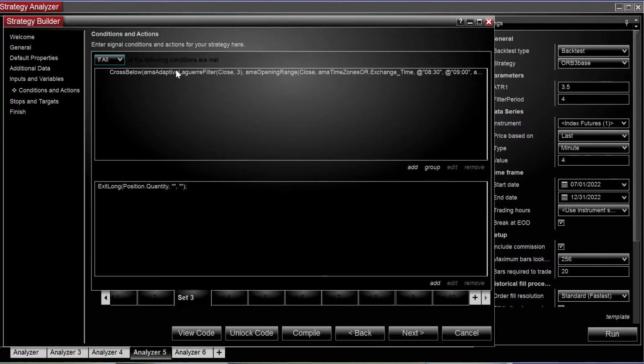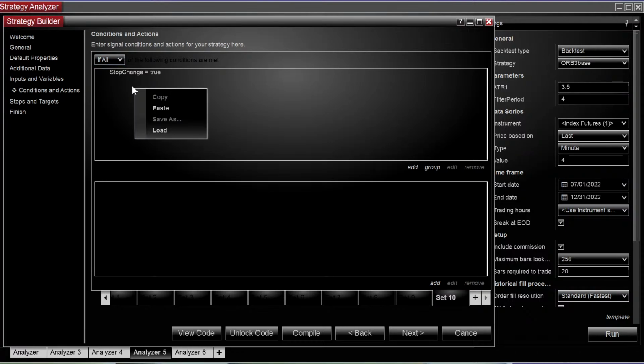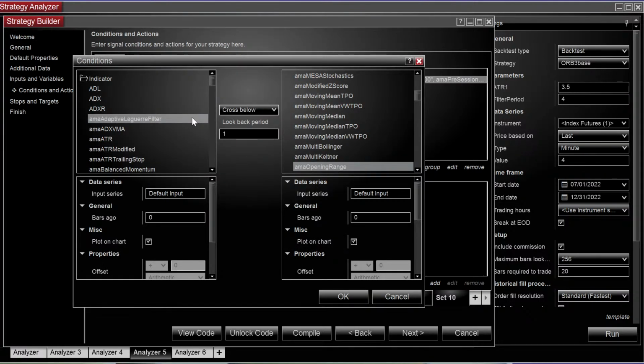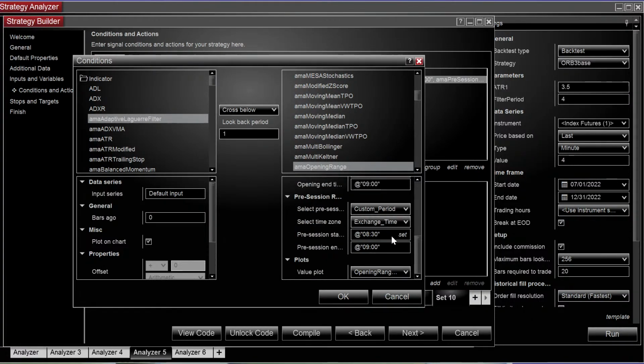Let's copy and paste that Laguerre. Stop change equals true. Now adaptive Laguerre crosses below not the midline, but the opening range high.